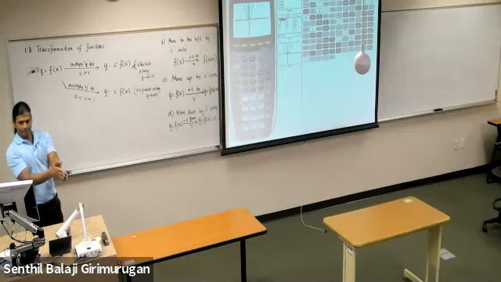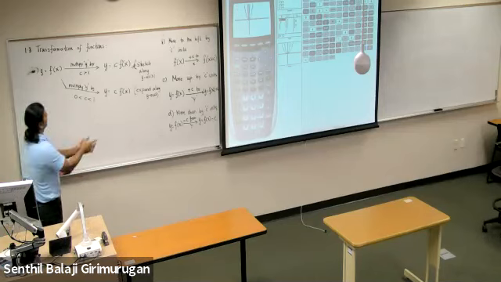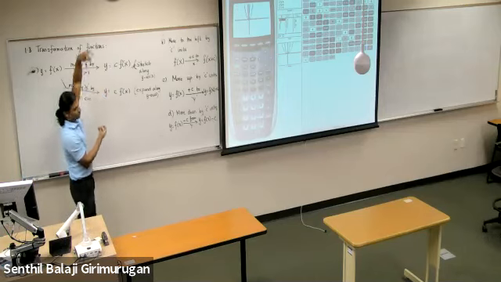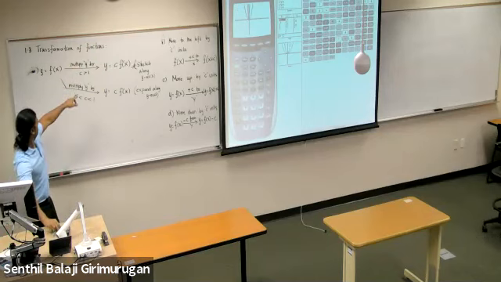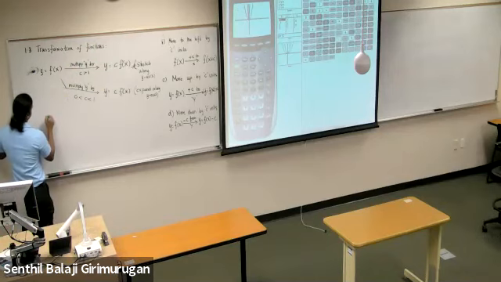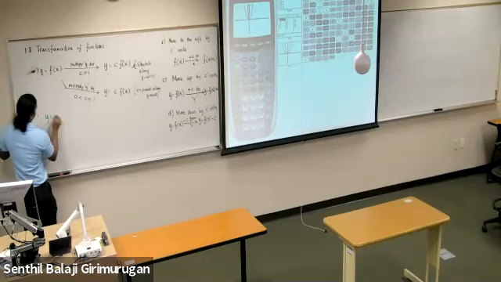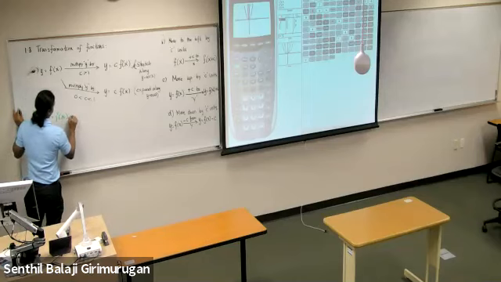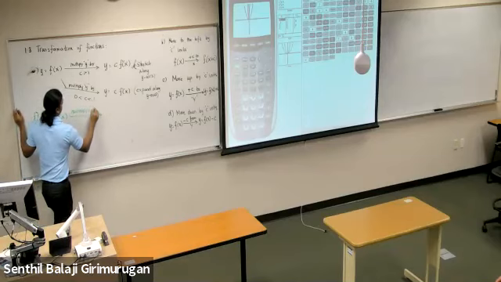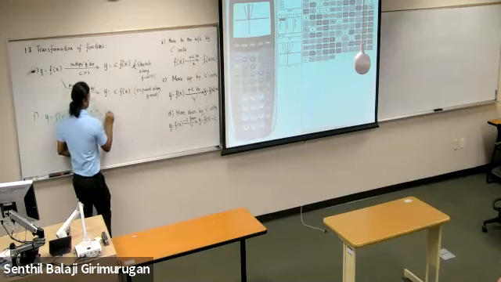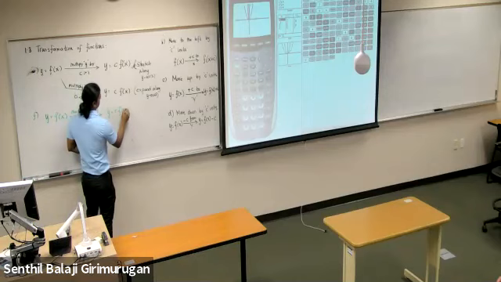Shrink along the x-axis, right? So here we were viewing it as a stretch. If it's bigger than 1, it's the same argument, it becomes 3 times f of x.